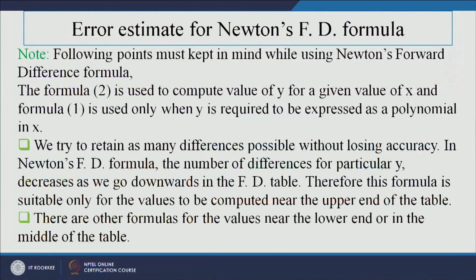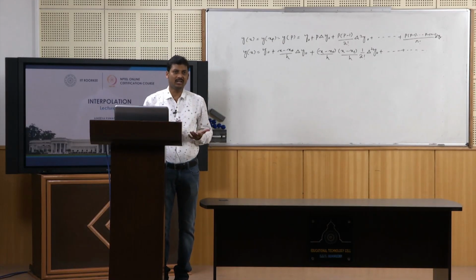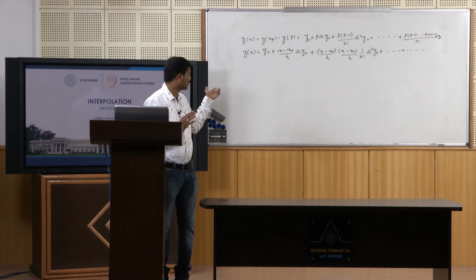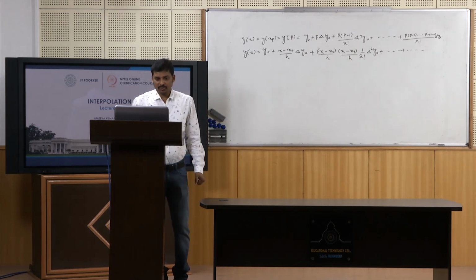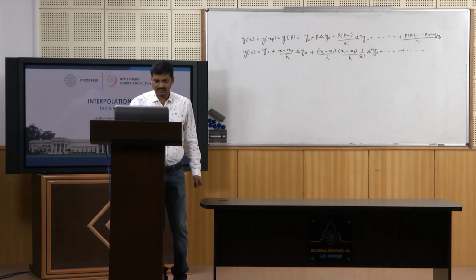And before using this formula, first we should note a few points, where you can use Newton's forward difference formula, or where we can use Newton's backward difference formula or other forms of finite difference operator formulas. So, first, the application of Newton's forward difference formula here.